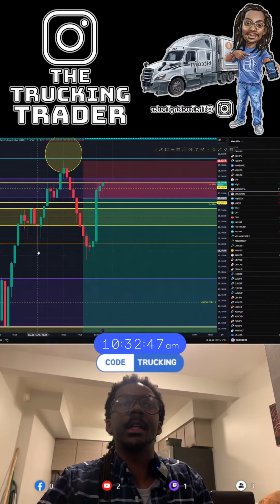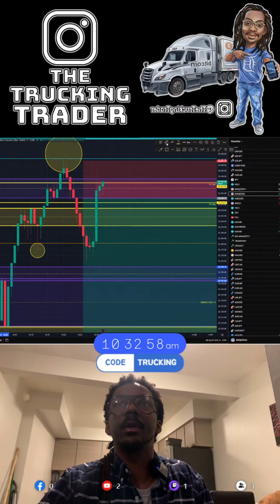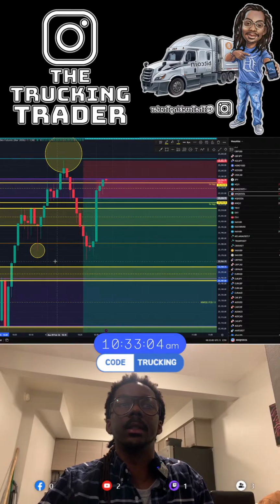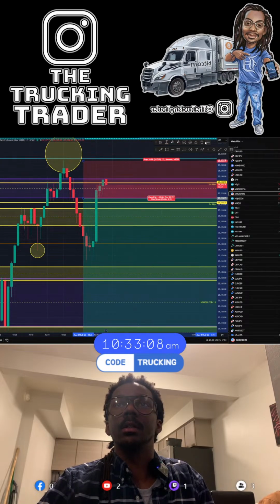Price pretty much came down here on the 1 minute time frame, swept this swing low, and then this little gap right here on the 1 minute time frame was used as the breakaway gap. So we should have been buying right there. I would not be in the sell right here unless I see something happen with this 2 minute fair value gap.